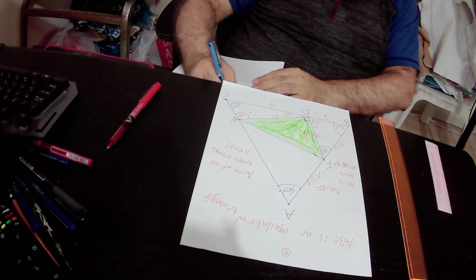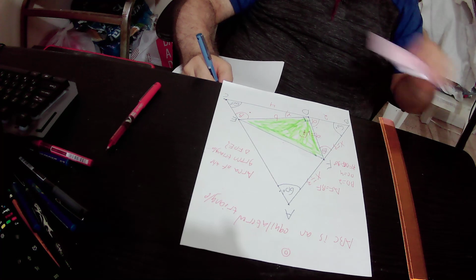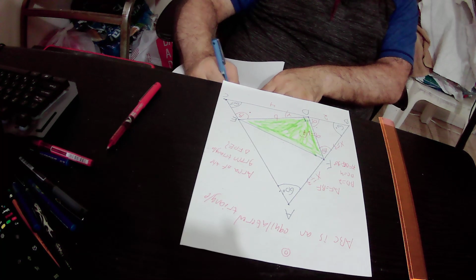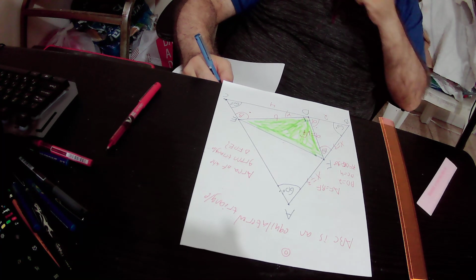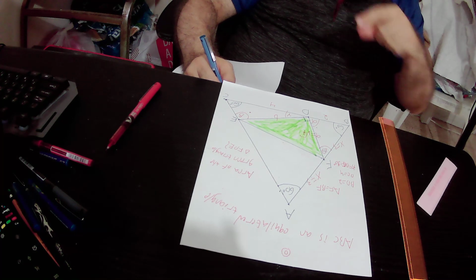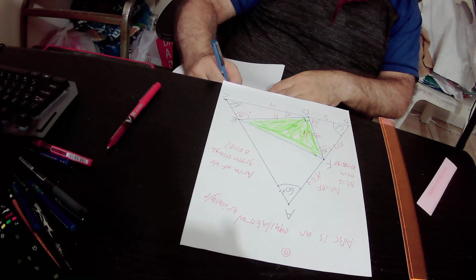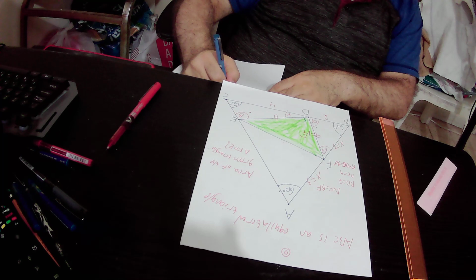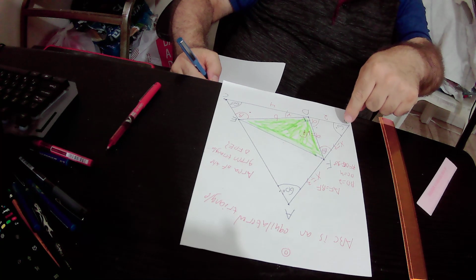According to the law of sines in the small triangle FBD, BD over sinus theta equals FD over sinus 60 degrees.